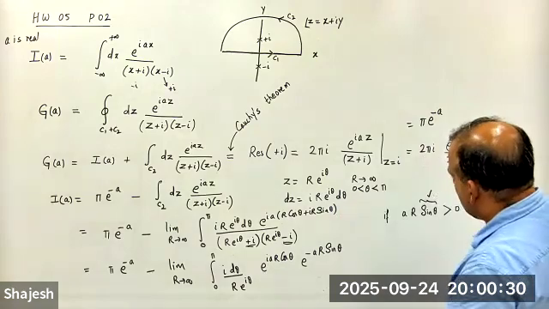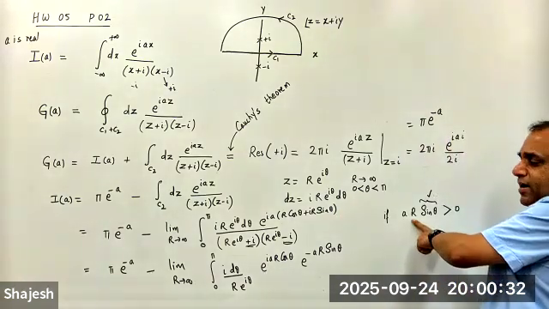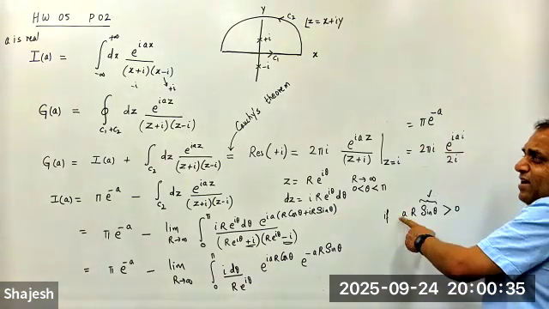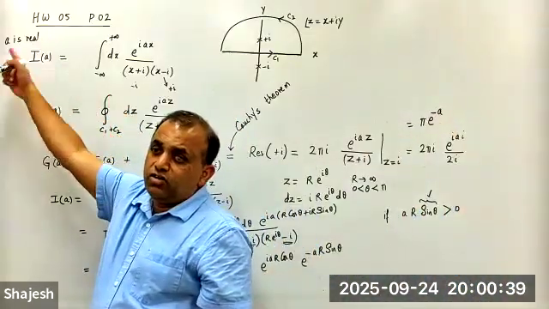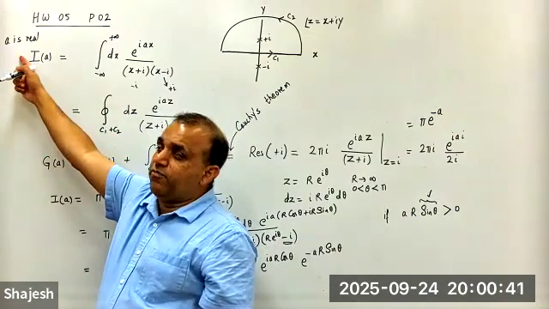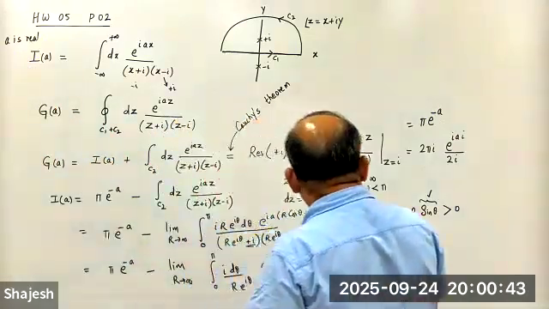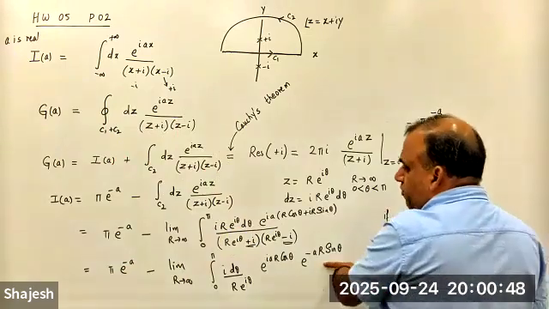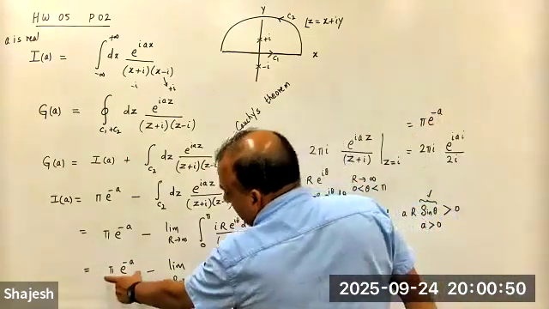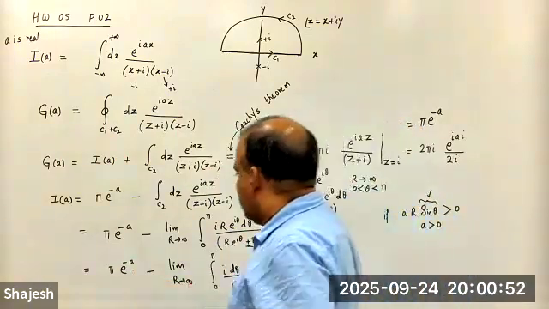So that's greater than 0. R is always greater than 0. But a, we don't know what a is. a is just real. It was possible that a could have been negative. So as far as a is greater than 0, this will converge and go to 0, and that is the answer.